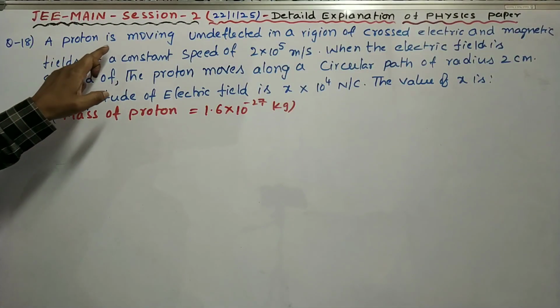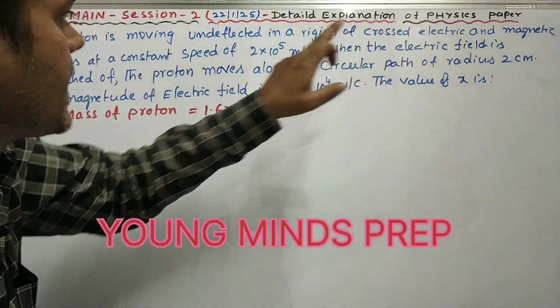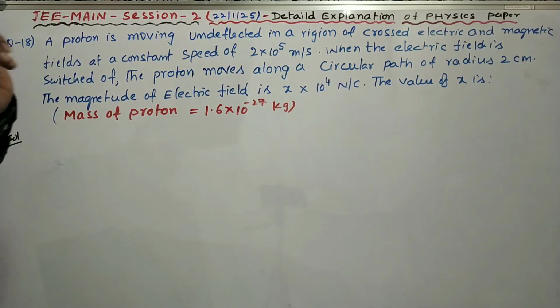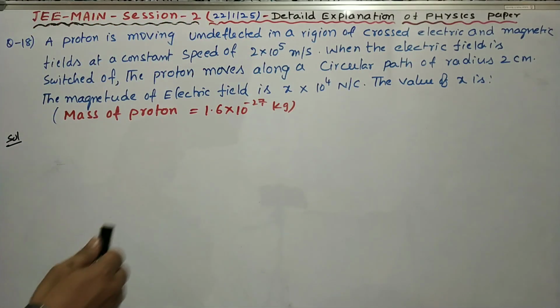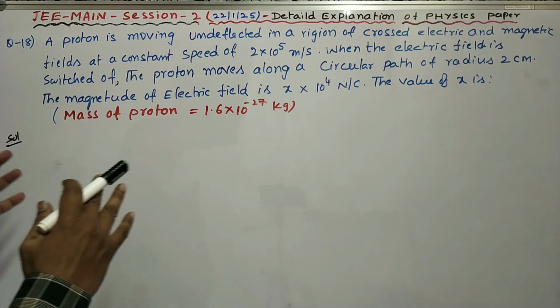At the 18th question, a proton is moving undeflected in a region of crossed electric and magnetic fields at a constant speed. Here, crossed fields means the electric and magnetic fields are mutually perpendicular to each other. Then the charged particle is moving undeviated.